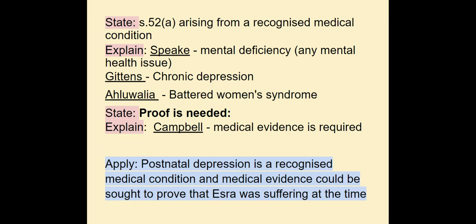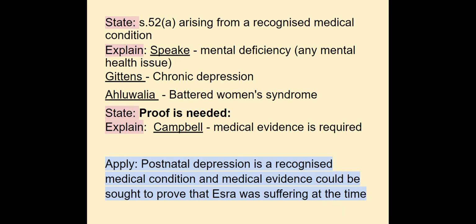Next up, Section 52(1)(a): the abnormality must arise from a recognised medical condition. And again, we have some old law here. Byrne uses the term mental deficiency. By that, in modern terminology, we're talking about any sort of mental health issue: Gittins, chronic depression, alcoholism, battered woman syndrome.